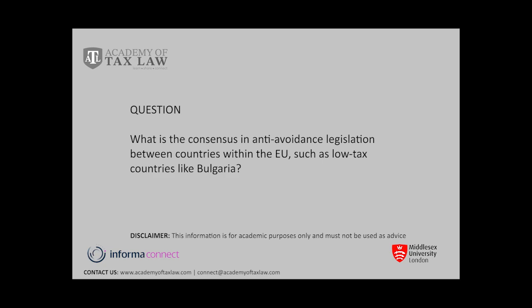Bringing me to the next point, which is the GAAR, the General Anti-Avoidance Rule, where most EU countries, including countries like Bulgaria, have adopted general anti-avoidance rules. That allows tax authorities to counteract arrangements that, while they comply with the law, lack economic substance and are primarily motivated by tax avoidance.